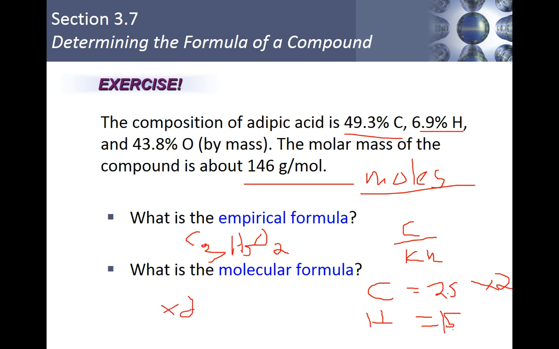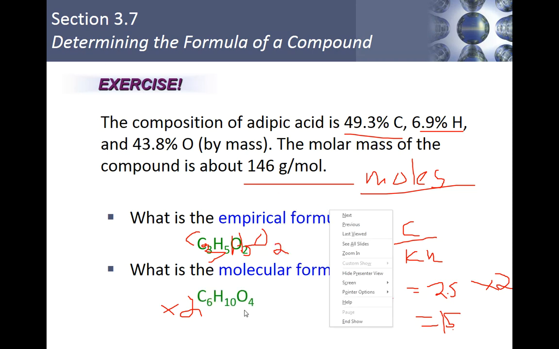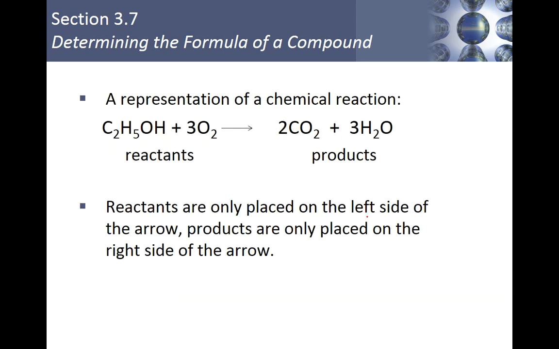And then I think it's just doubling it. Okay, so practice it on your own. If it doesn't make sense, we're going to come back to this in class. All right, and I also wrote the answers on there. So you would get C6H10O4.